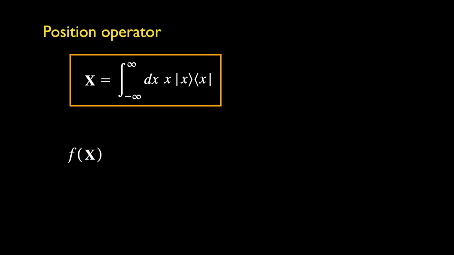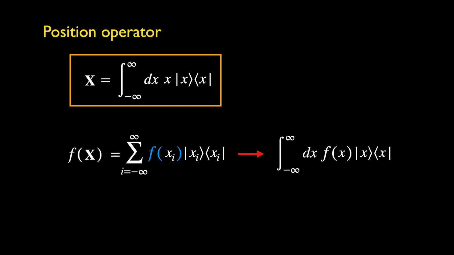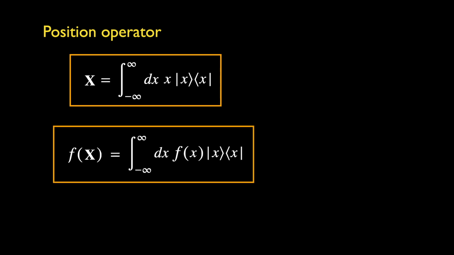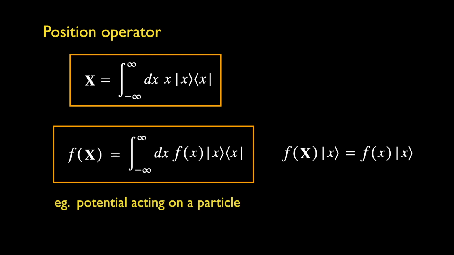These are represented in this way for discrete states, which maps into the continuum in a straightforward manner. This automatically satisfies the eigenvector equation. The function of the position operator can be used to describe a potential acting on a particle which is dependent on its position.